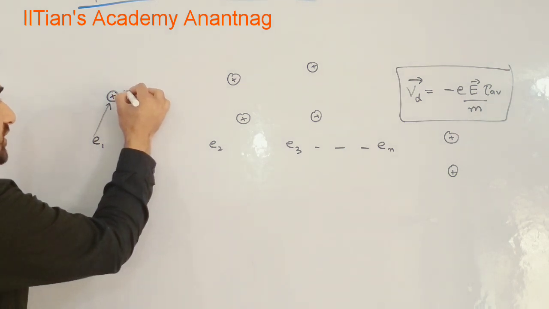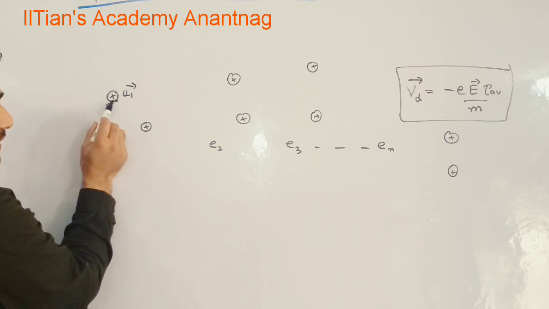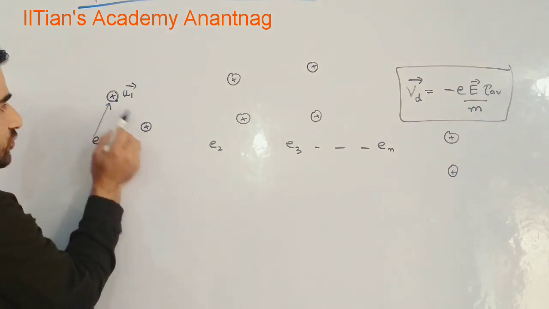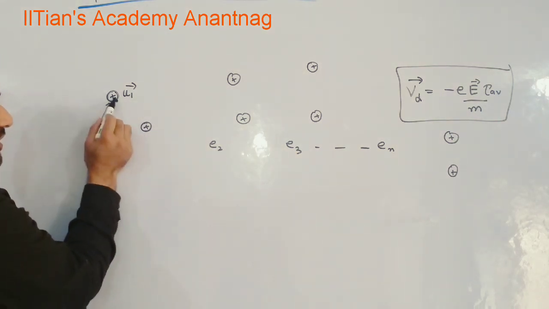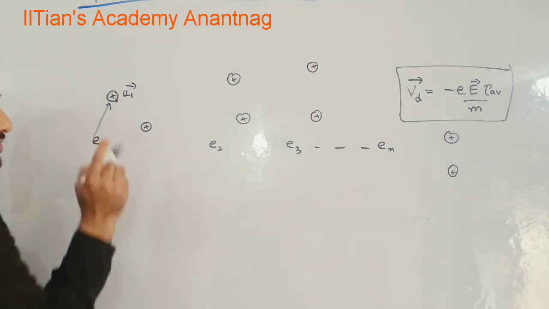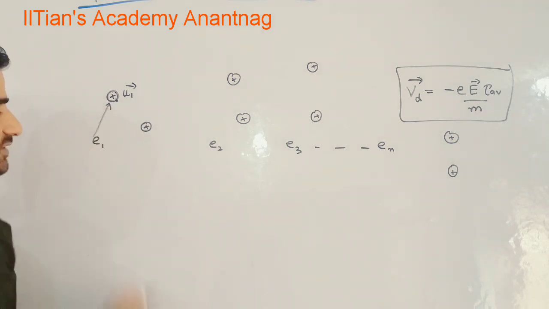Suppose that the thermal velocity for electron 1 is u1. Now, already discussed that the electron will be striking this collision site. Later on the next collision site will be this ion. So these are the two successive collisions. First collision happens here, later on the second collision happens here. The time between the two successive collisions is called relaxation time, and the distance between two successive collisions is called free path. Already we have discussed that.